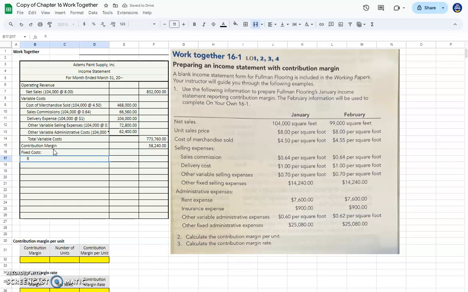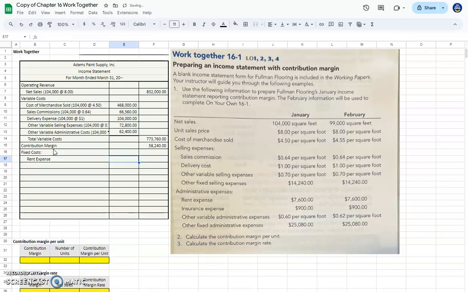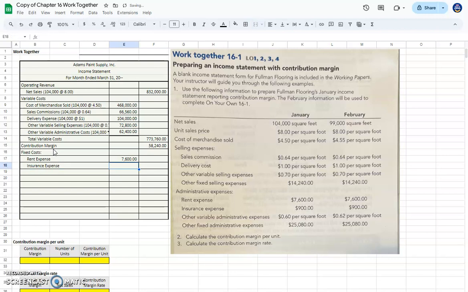What's our first one I see is rent expense, and it's just $7,600. Insurance expense, wow, I spelled poorly. And that is 900. And other fixed selling costs.